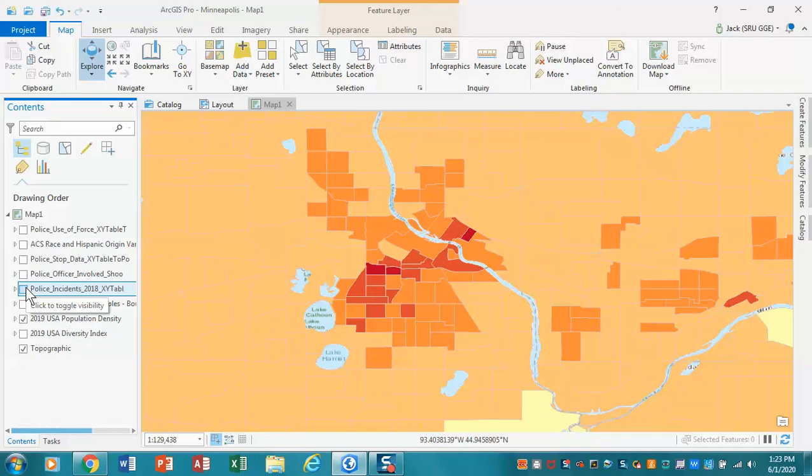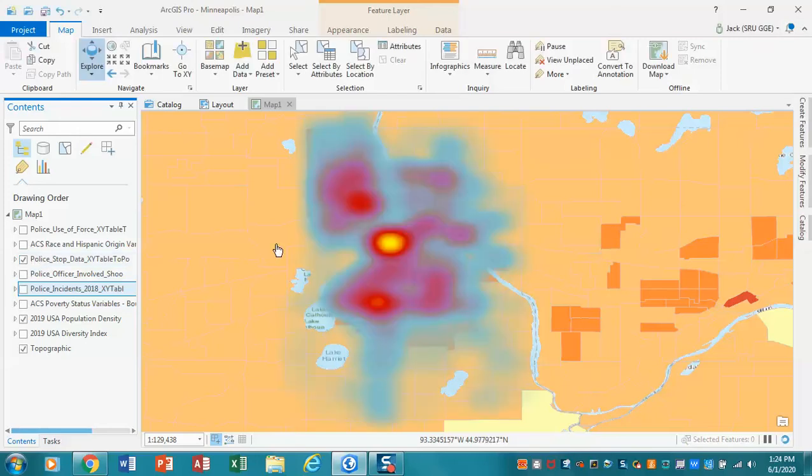And what we have now is police actions in this area. What I want to do is what we were going to call police stops. And so if I turn on police stops, it'll take just a minute for it to draw. And what this shows you is something called a heat map.